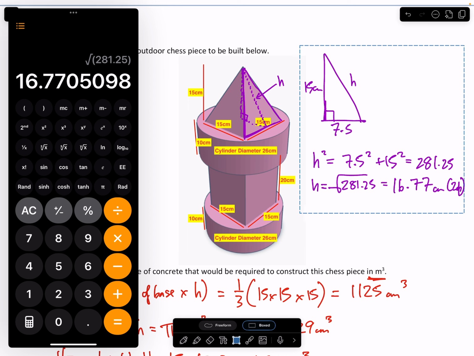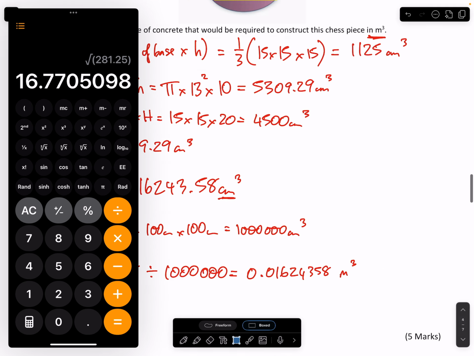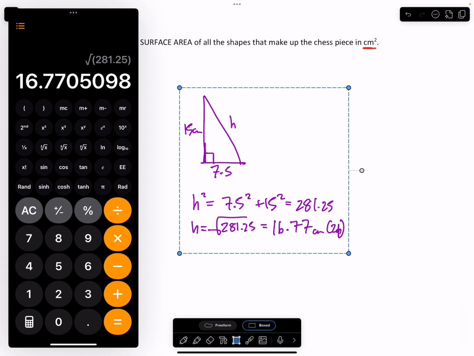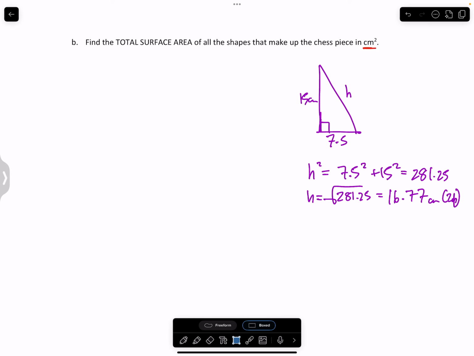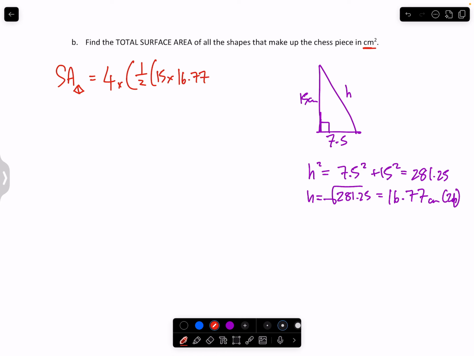I could copy and paste that to my working out down here. So the surface area of the pyramid at the top is going to be 4 triangles, 4 lots of half the base of the pyramid, 15, times the height of the triangles, 16.77.